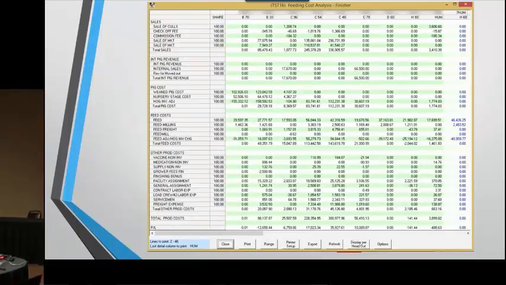So this is exactly what we want to see. We've got all this activity for pigs and feed, and we have no profit. So it's telling us that our costs are going in, and we're getting our costs WIPped back out to the balance sheet. And then as we sell pigs, we're seeing that expense relief going back to the income statement. We're starting to see some profit and loss showing up on our feeding cost analysis.